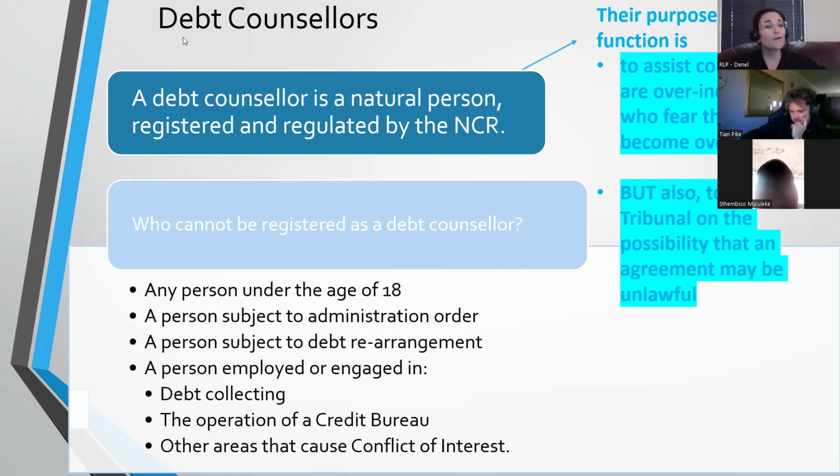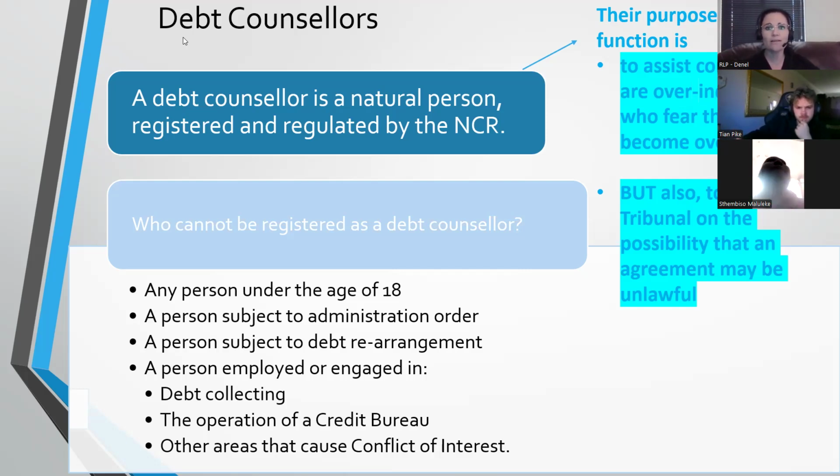Okay, so who cannot register as a debt counselor? If you are underage, if you are a minor, younger than 18, you won't be allowed to register as a debt counselor. But also, if you are subject to an administration order or debt rearrangement. So basically what they're saying is, if you are undergoing debt counseling yourself, you won't be allowed to register as a debt counselor, because in this scenario, experience is not a good thing.